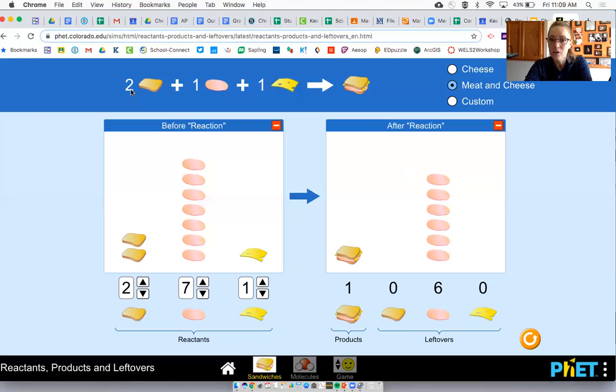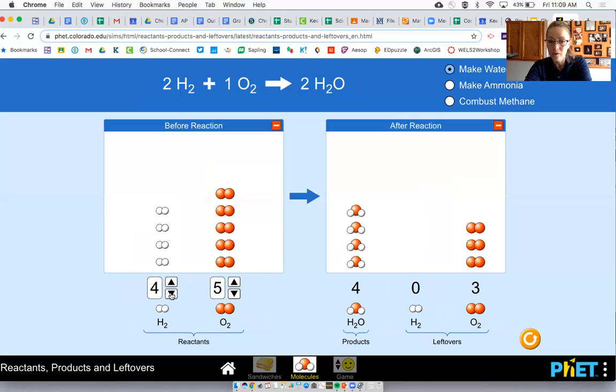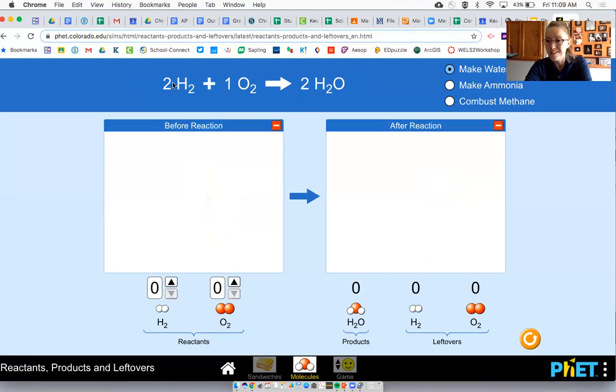These numbers, the 2, the 1, the 1, these are the mole amounts. They are the cups or slices or pieces of bread. In our chemistry world, those coefficients, the fancy word for the number that goes in front of a compound, tell us the ratio of molecules to make one molecule of compound, or the ratio of moles.